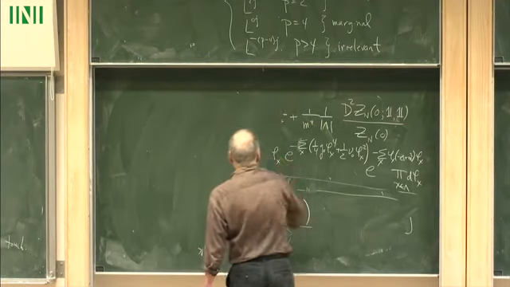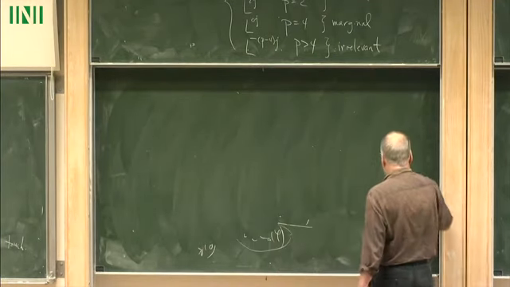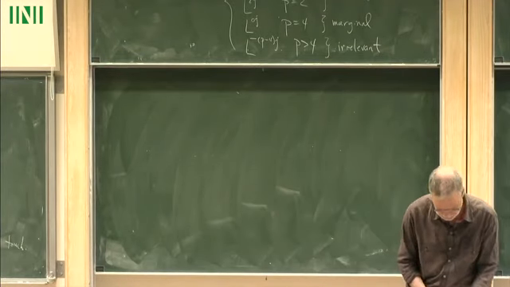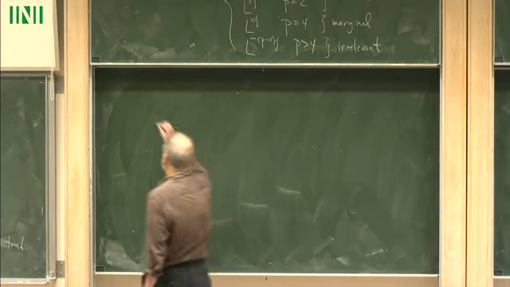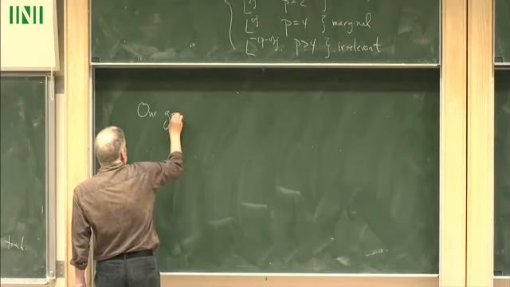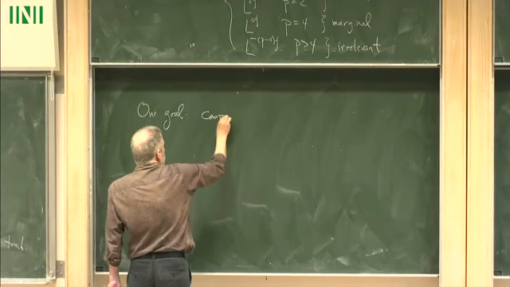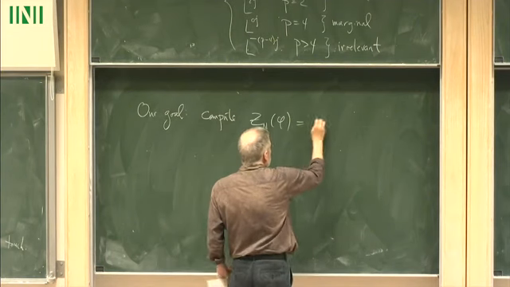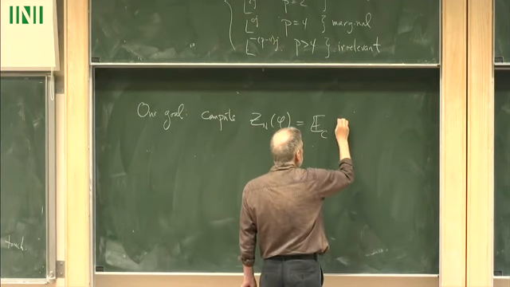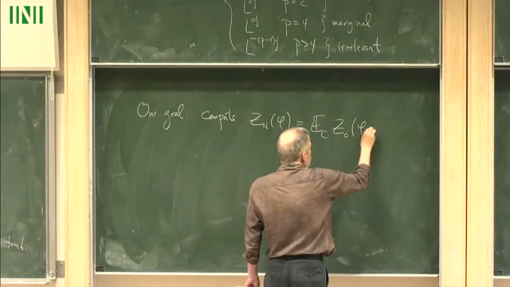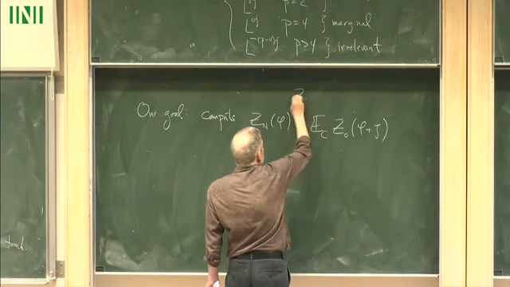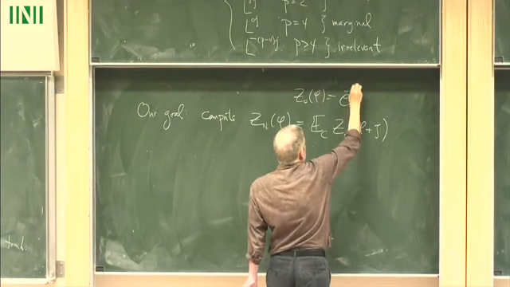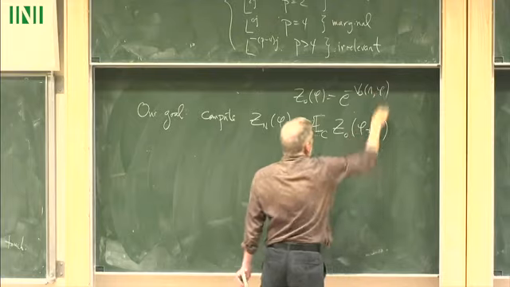All right. Let's go back to our goal, which was to compute this Z_n of phi. So this was the Gaussian expectation of Z_0 of phi plus zeta. Z_0 of phi is just e to the minus V_0 of lambda and phi.